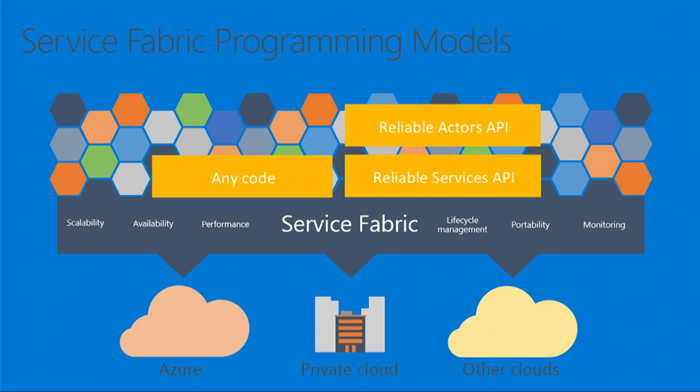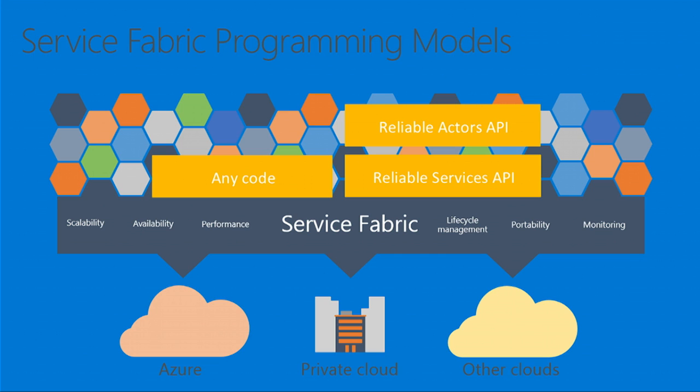Applications using these APIs provide Service Fabric deep insights into these services, allowing you to maximize the benefits of Service Fabric. These models allow the reliability of your code as well as state and all other benefits of the platform, like security, placement constraints, resource balancing, zero downtime upgrades, and locally replicated stores, which give you far more throughput than you can ever get when reaching out to a database which is outside.